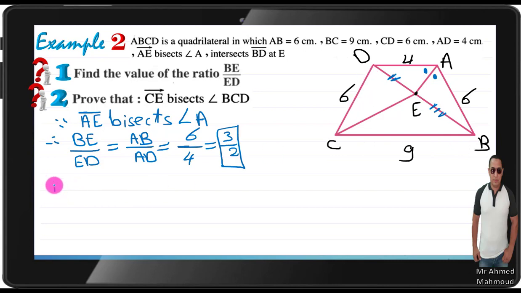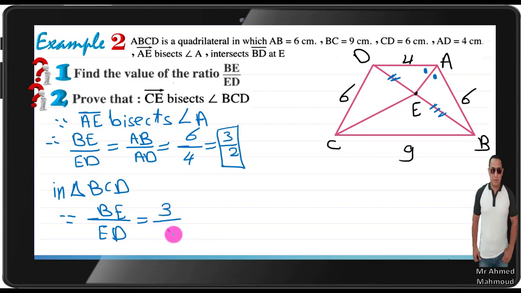In triangle BCD, I'm going to start with BE over ED because it already exists, and it equals 3 over 2.